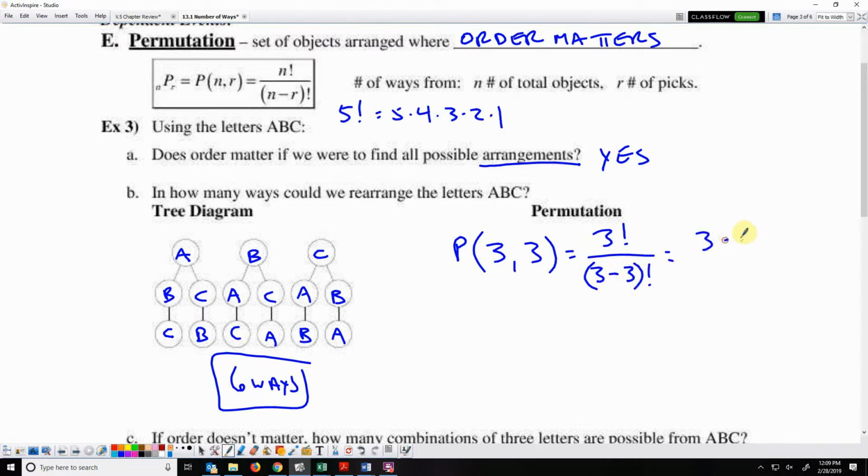So that's 3 times 2 times 1 over, and this is really 0 factorial, and we can't really count down to 1 from 0, but 0 factorial is defined to equal 1. So we've got 3 times 2 times 1 over 1, and that equals 6 different ways that the letters can be arranged.